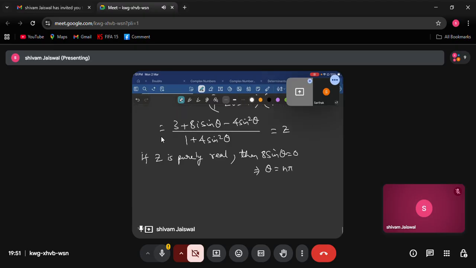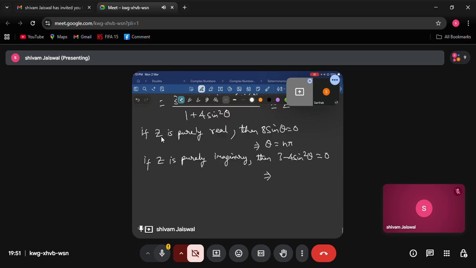And if z is purely imaginary, then 3 minus 4 sine square theta is equal to 0. This implies sine square theta is equal to 3 by 4. This implies sine theta is equal to plus minus root 3 by 2.